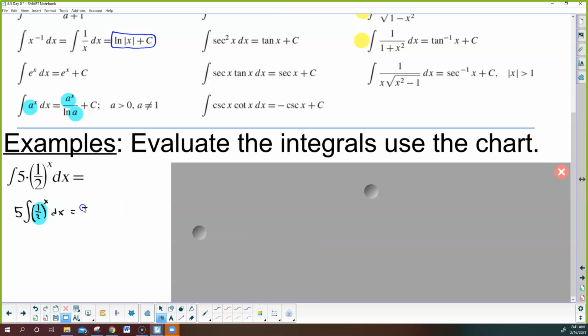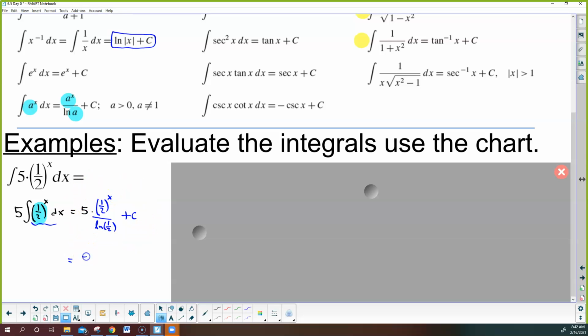Okay, so 5 is your multiplier. And then the antiderivative of 1/2 to the power of x is 1/2 to the power of x divided by the natural log of whatever a is. In this case, a is the base, plus c. Now I might clean this up, and that's something you also have to be aware of, is once you take the antiderivative, if we were writing it by hand, this would be good enough.